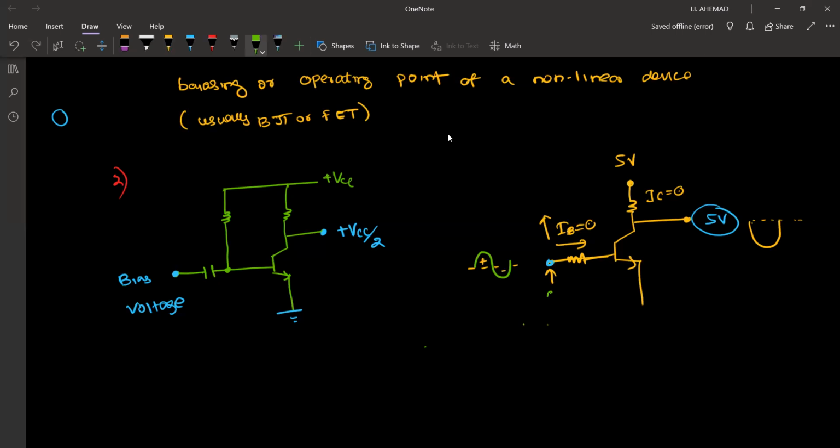Yeah, this part is not biased. So will I get this part? This part is not biased. Therefore, will I get this output? This part won't appear here. Okay, clear with that? This positive part will appear here, but the negative part won't appear here. Clear with that?